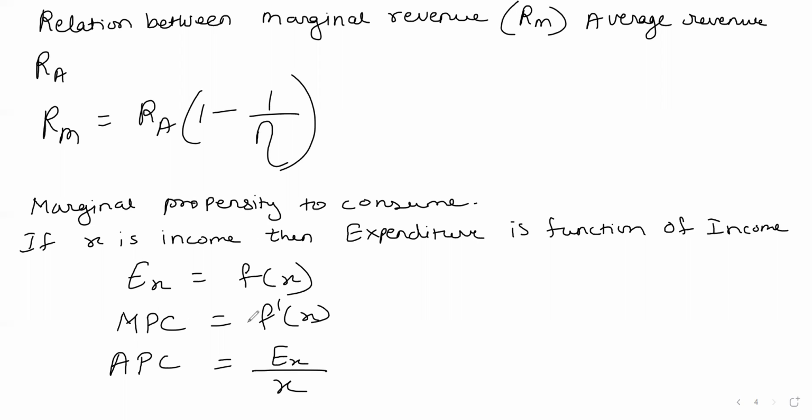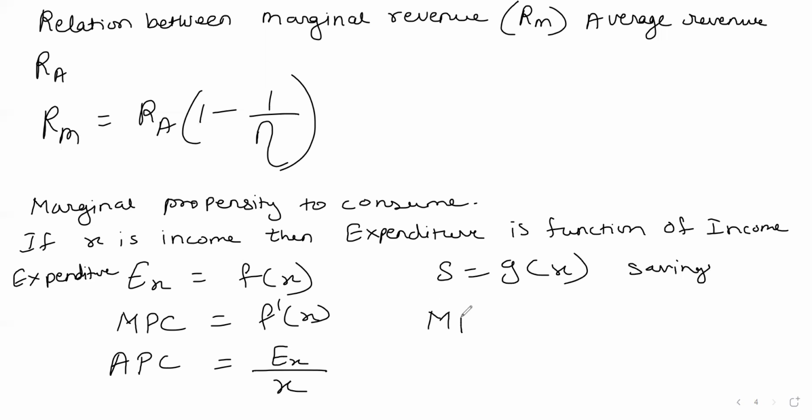Marginal propensity to consume means how much I am going to consume, that is expend. So iska ulta ho jayega, how much I am going to save, because savings is also a function of income, where S is saving and E is expenditure. This is saving function.